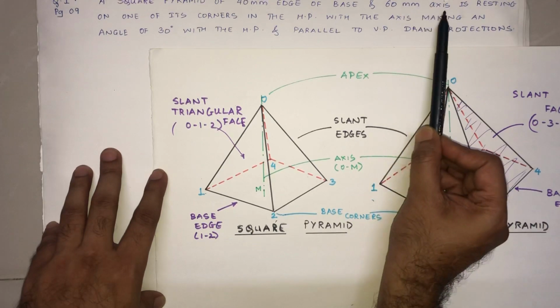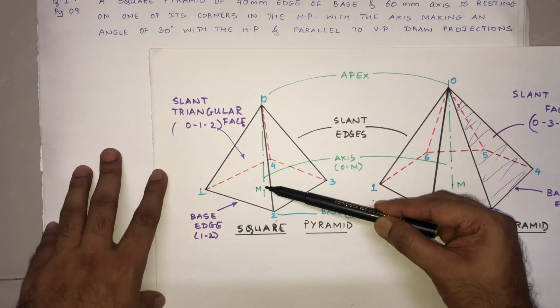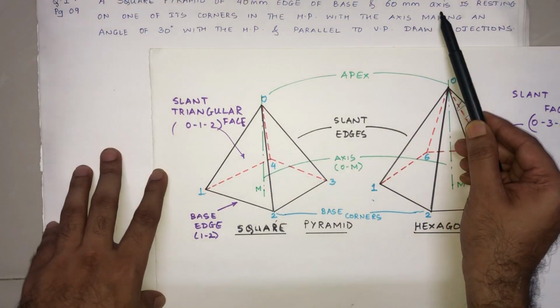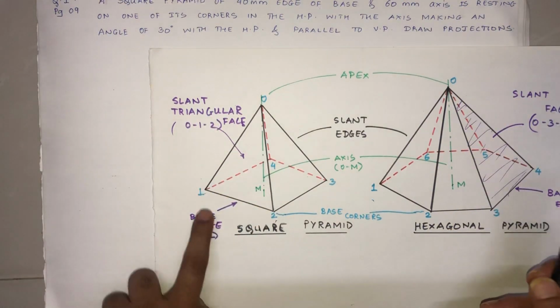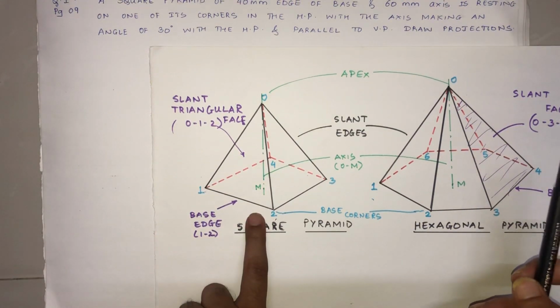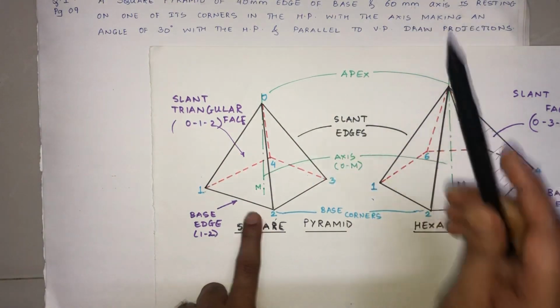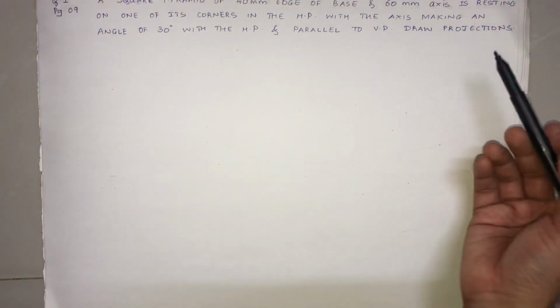And 60 mm axis. Yes, that's correct. OM. This is the axis whose height is given as 60 mm. Now, they're talking about a square pyramid where the base edge is 40 mm in length and the axis is 60 mm. Okay, let me keep this aside and let me talk about the remaining part of the problem.